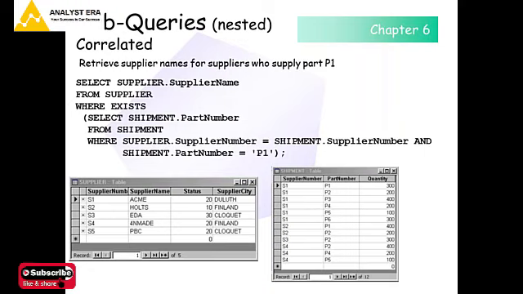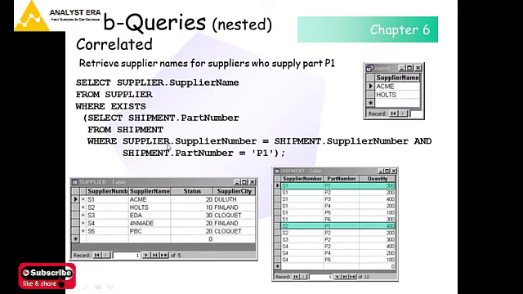Now, what is my subquery? The subquery is saying select shipment.part_number, that is, part number is a column from the shipment table, where supplier number is equal to shipment's supplier number.